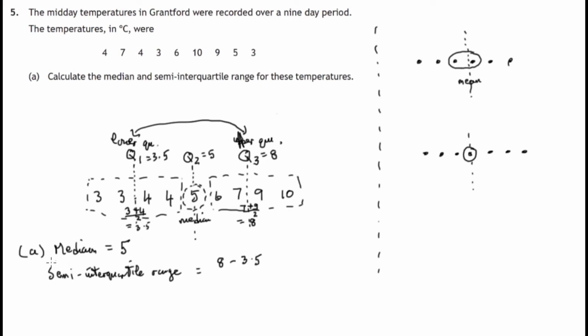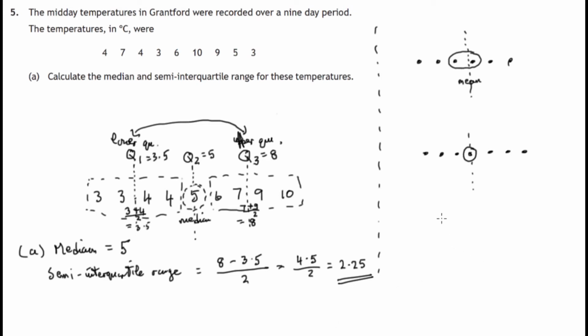Semi would imply that we're to half that. So we divide the result of that by 2. So if we take 3.5 from 8, we get 4.5. And if we divide 4.5 by 2, we get 2.25. So the semi-interquartile range is 2.25.